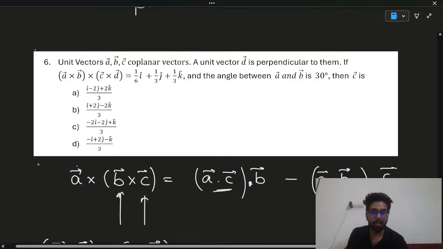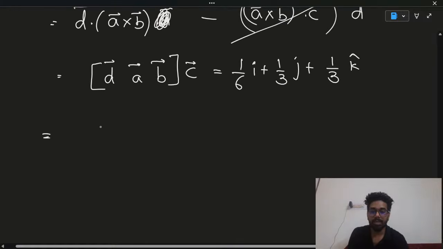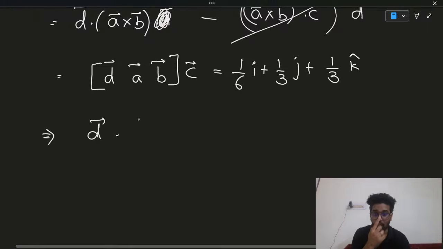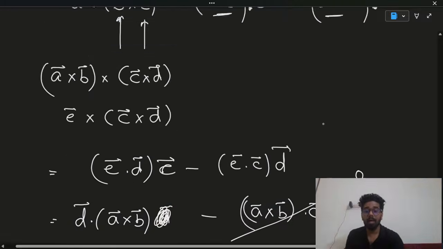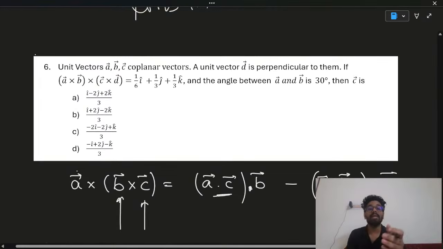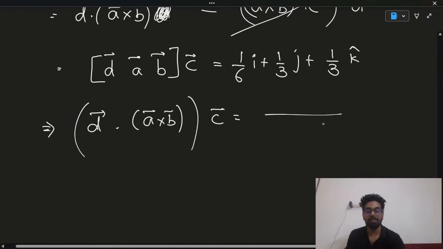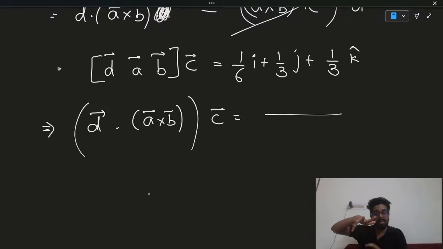What we are having over here? The angle between A and B is given. So here we are having D vector dot A cross B whole multiplied by C vector. We have to get the C vector. Now they are saying that D is perpendicular to A, B, C. Now this is very important. This means this is A, this is B, this thumb is C and this is D vector.